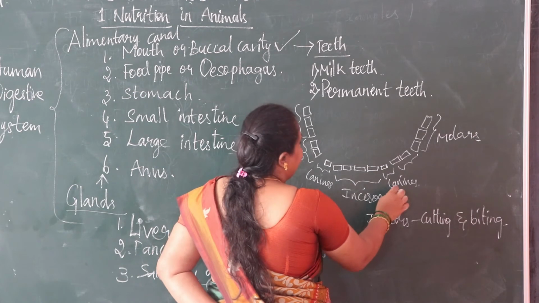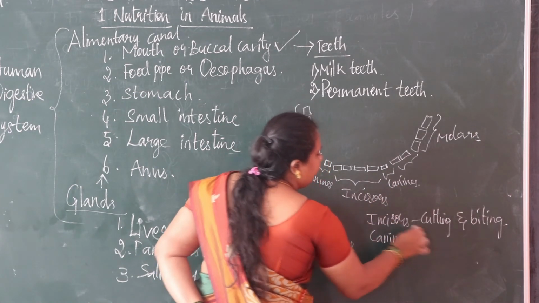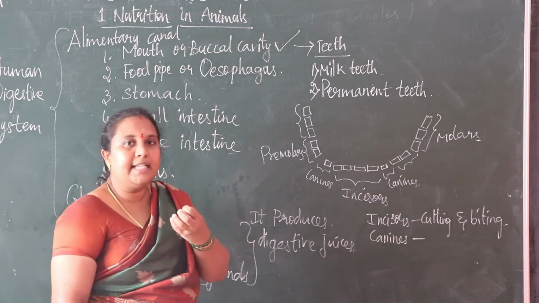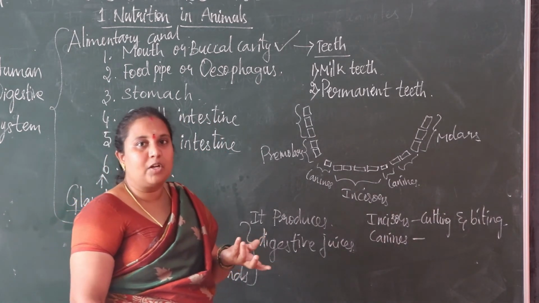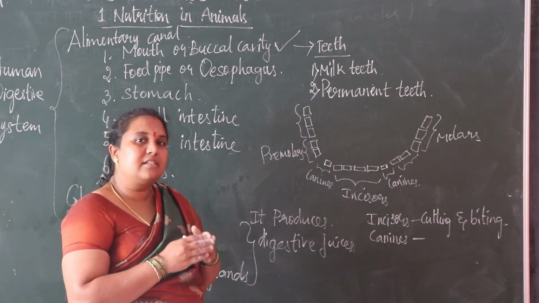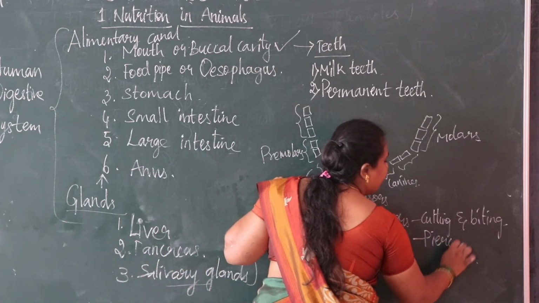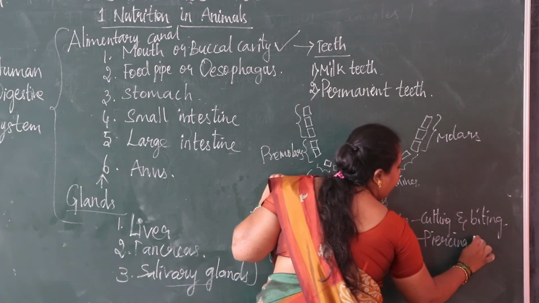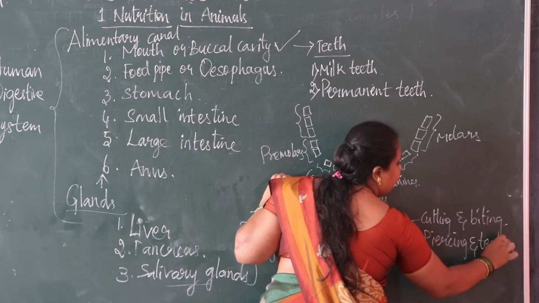And then canines are cutting and piercing, or otherwise we can say piercing and tearing teeth, tearing the food.